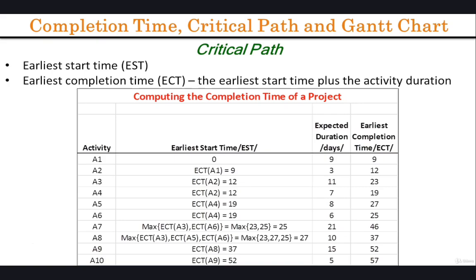Then compute the earliest completion time of AI as the earliest start time of AI plus the duration of AI. Consider activity AI completed, identify any further activities that now can be initiated, and go back to step 2.